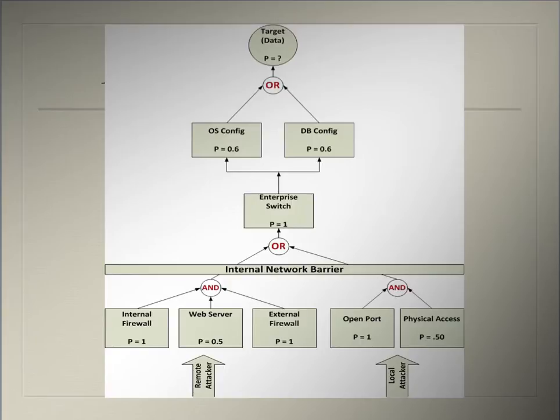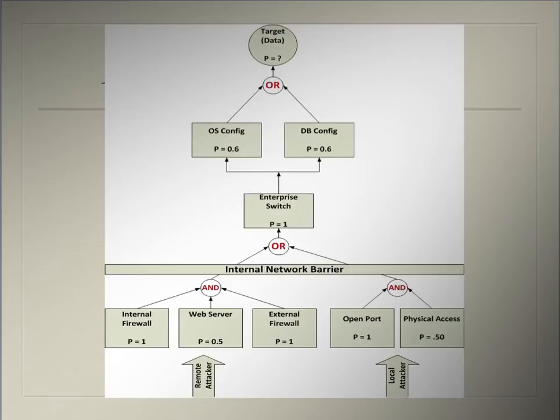For the local attacker, we've assessed physical access, and we found that gaining physical access there's a 50% probability that anyone can do it, even if you don't use a lot of social engineering skills. There's also a 100% chance that an attacker gaining access would be able to find an open port, because this particular organization does not shut off unused ports or connect them to unused VLANs.